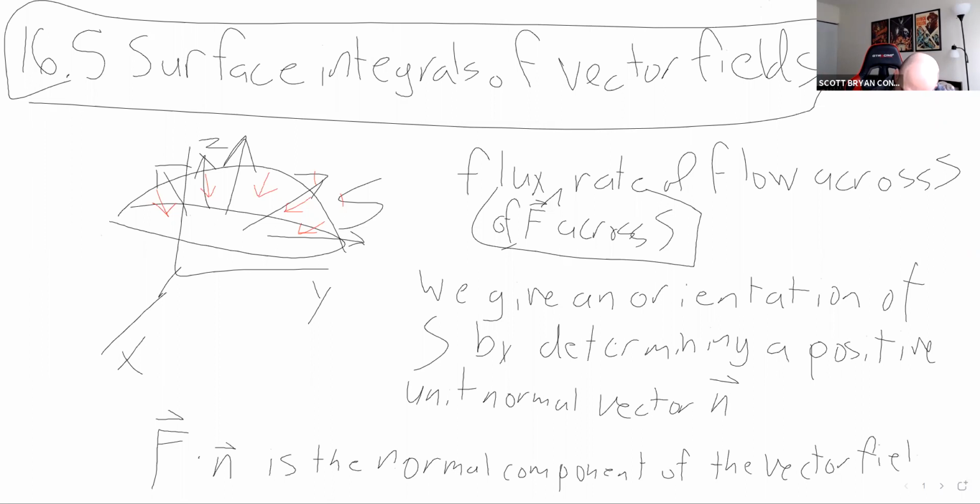If you remember back to projections way back when we projected one vector onto another, F dot n is essentially projecting the vector field at each point onto the normal vector. And that tells us the bit of the vector field that's pointing in the direction of the positive unit normal, or is parallel. It could be pointing in the opposite direction. And so that's the thing we're going to be integrating over the entire surface.